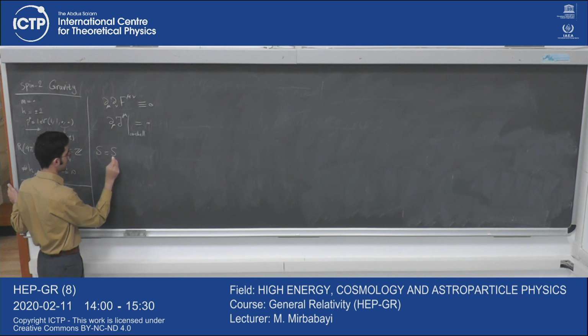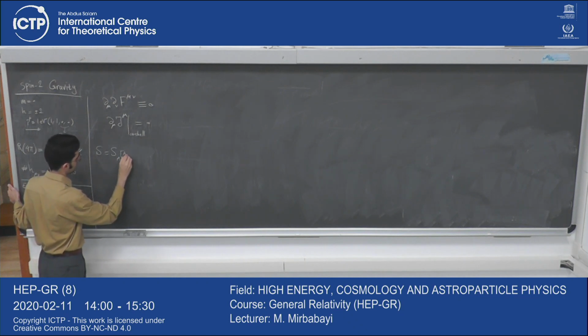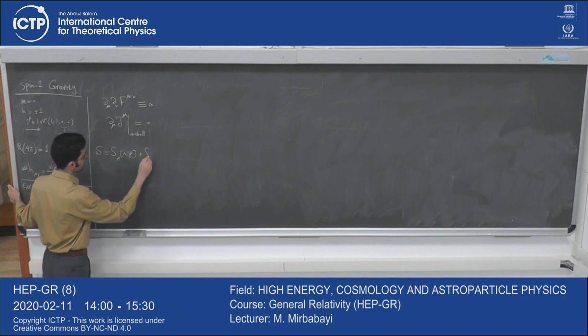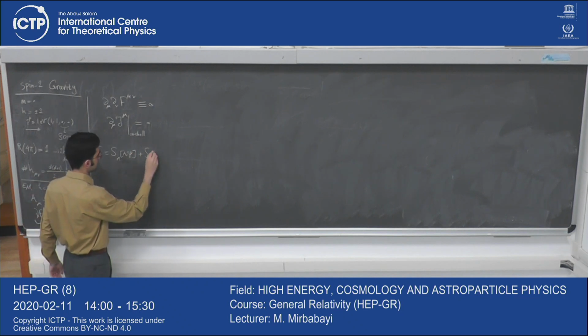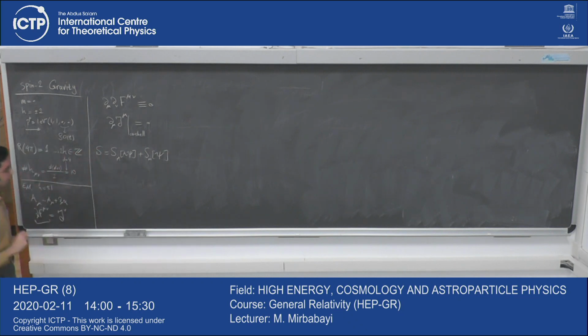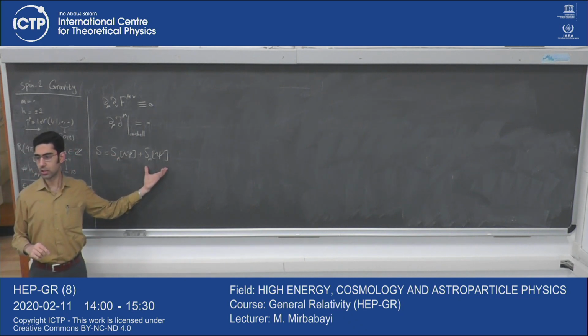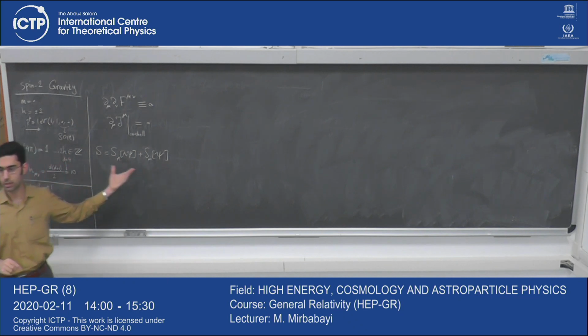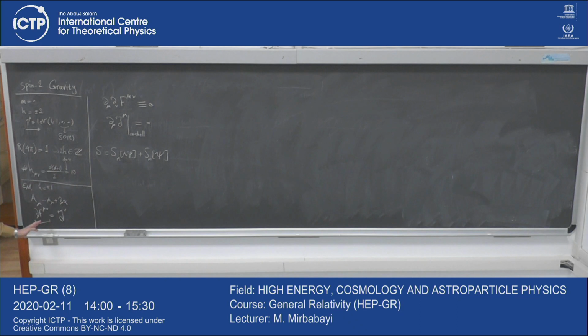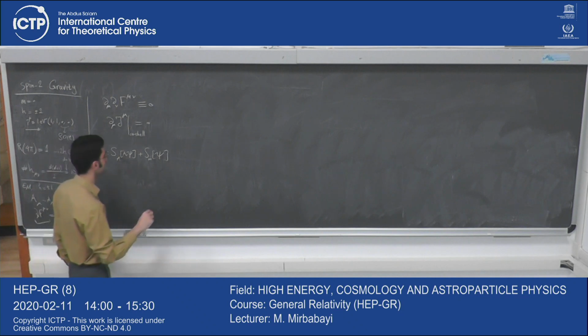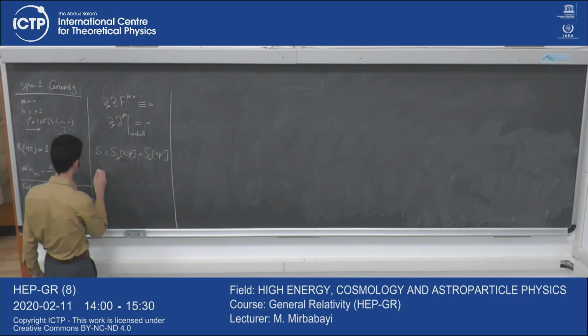We want to write the action as the part that contains A, plus a part which comes from the matter field, which doesn't know about A. And in order to be able to couple A mu to some matter fields, the condition is that this matter field has to have a symmetry and an associated conserved current. And that conserved current can sit on the right-hand side of the Maxwell equation.